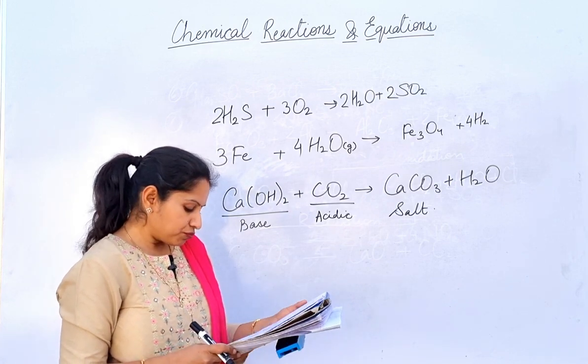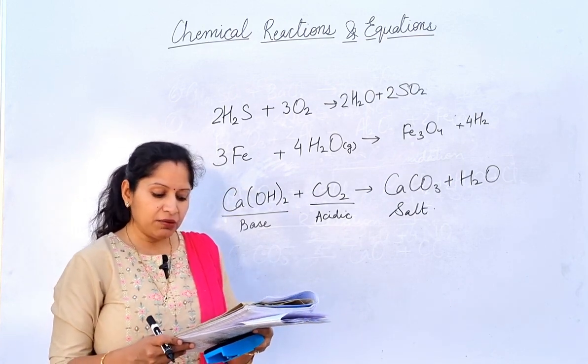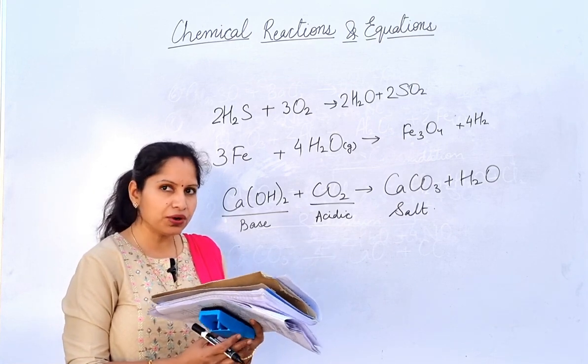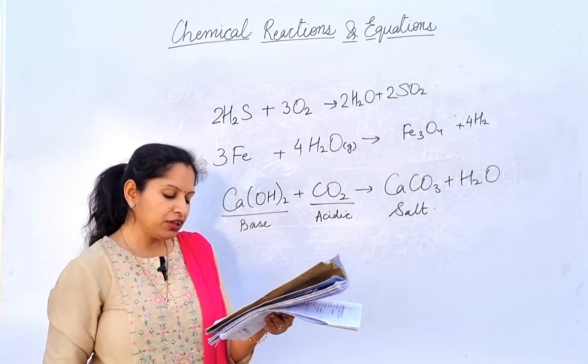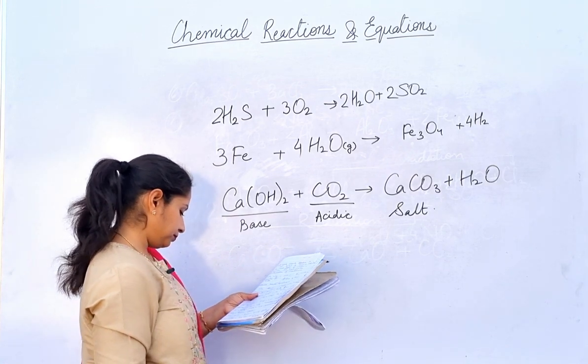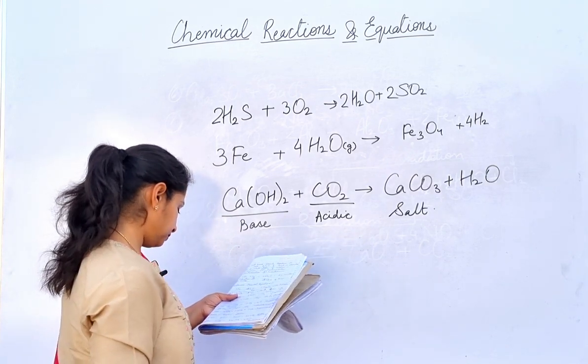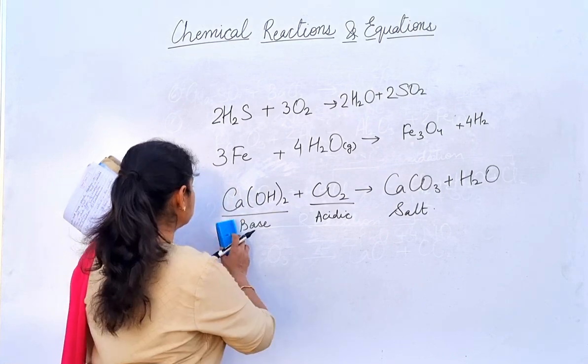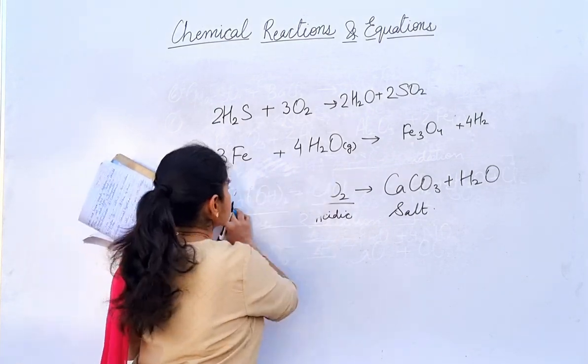Okay. Next one. Aluminium combines with copper chloride to form aluminium chloride and copper. Just work it out by yourself.